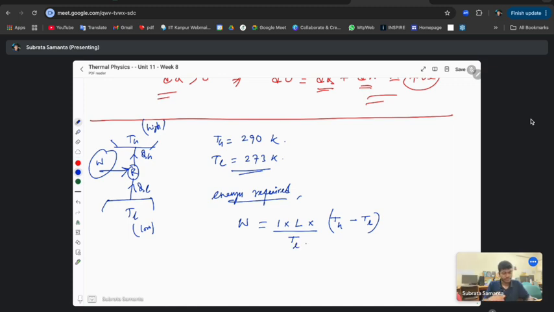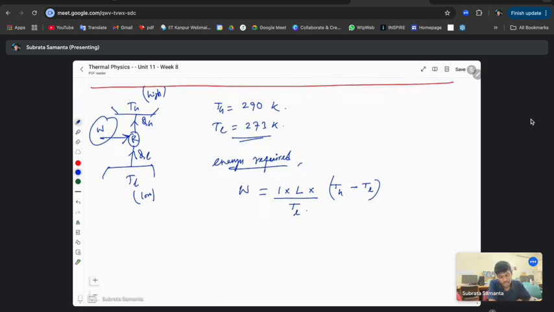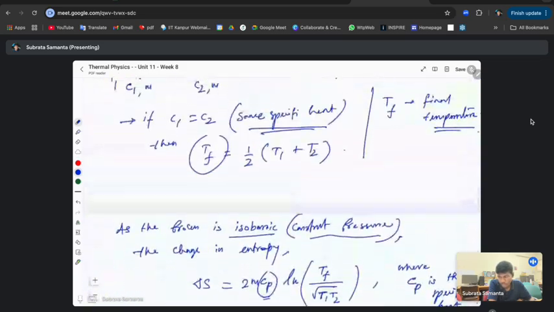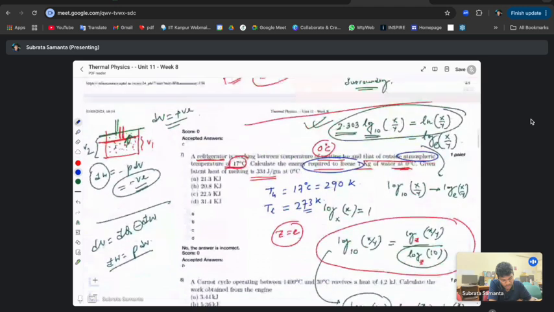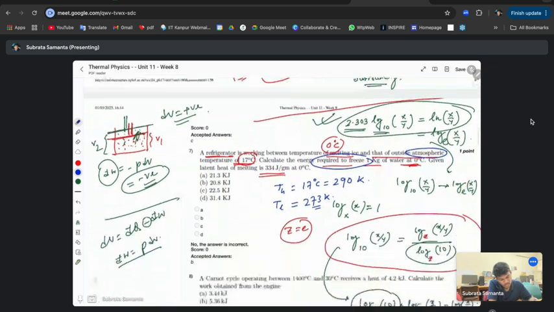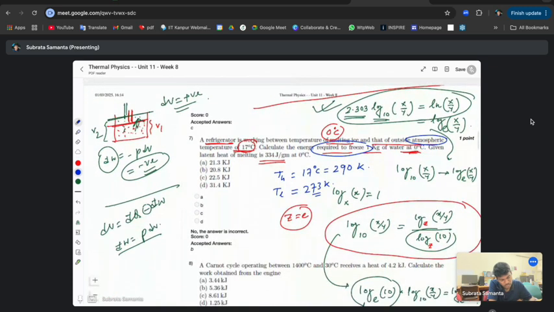This L is the latent heat of melting, which is given as 334 joule per gram. If we convert it to kg, this is for 1 kg of water at 0 degree centigrade.